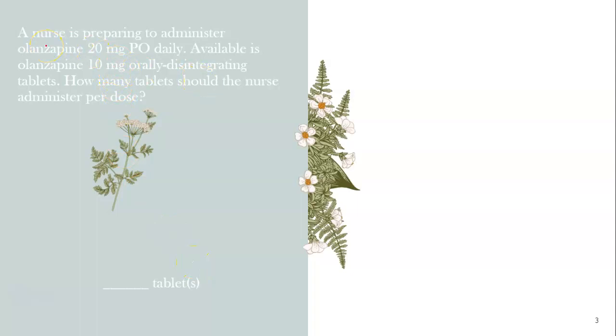So, a nurse is preparing to administer this medication 20, and available is tens. How many tablets? So you can see my answer's already in tablets. So desired over have.